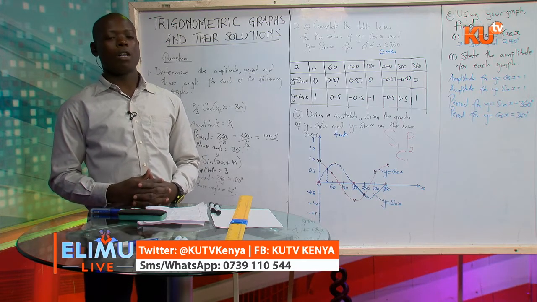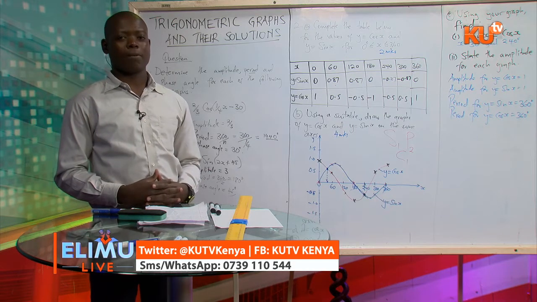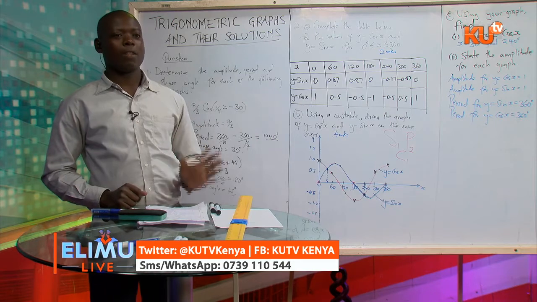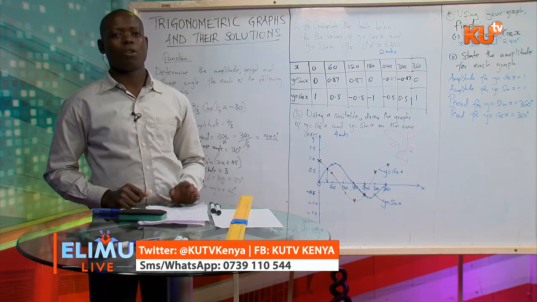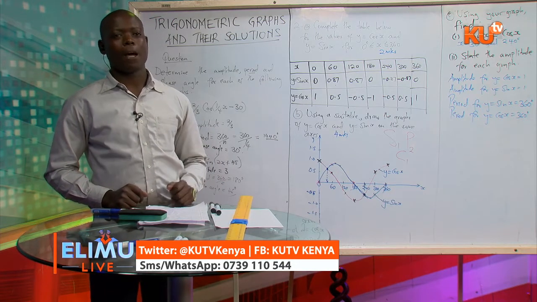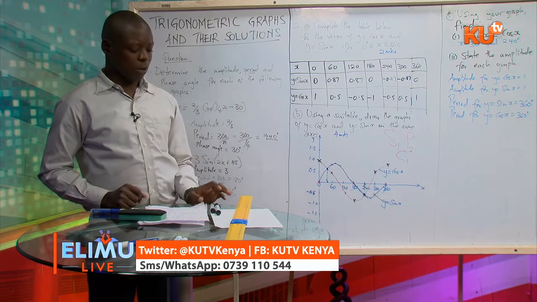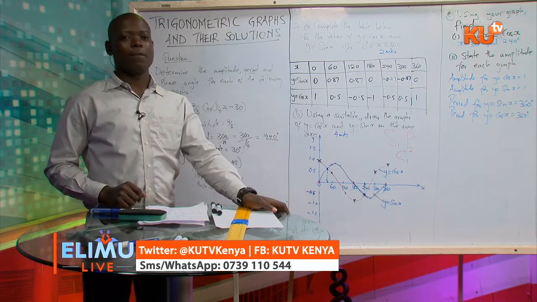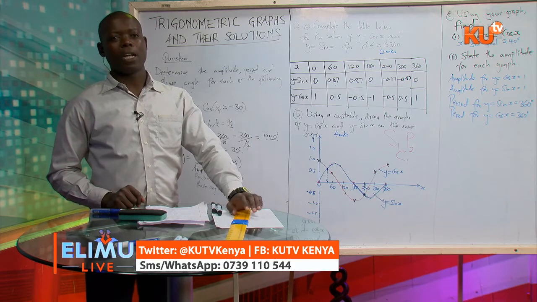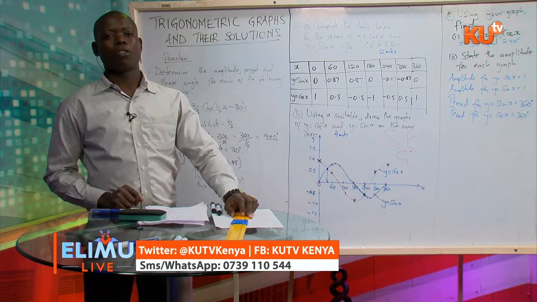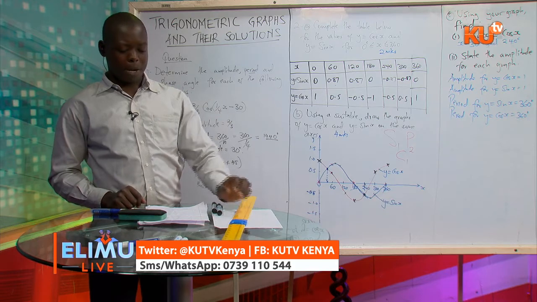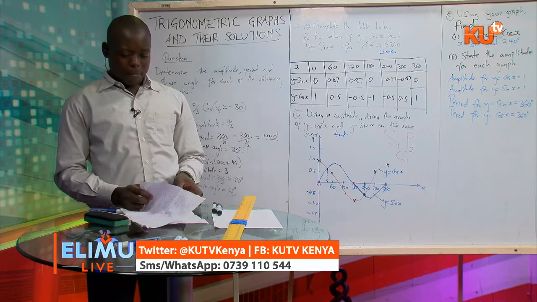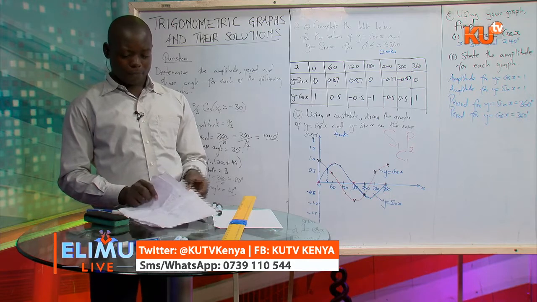That is the only way we can draw a tan graph so that it becomes continuous. Otherwise, the graph of y is tan x will be asymptotic, and in that case it cannot help us work out the amplitude, period, and phase angle, because it will have no maximum. It will also have no minimum value. We can have another graph.